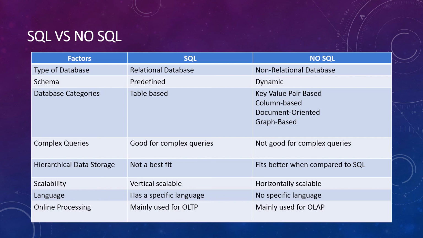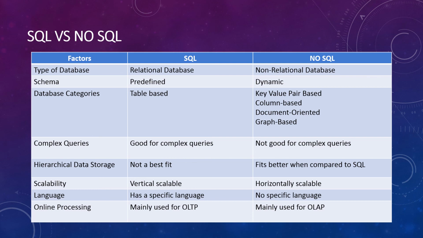Now the next and last point of comparison is online processing. SQL databases are the best fit for heavy-duty transaction type applications as they are more stable and promise the atomicity as well as the integrity of the data.